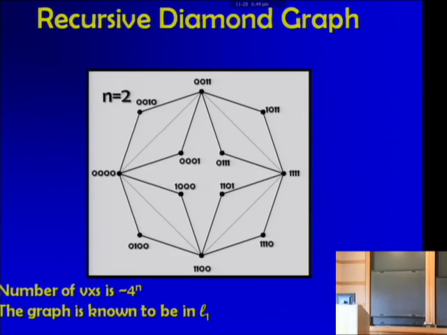This is the point 0, 0, 1, 0. The distance here is 1. Here distance is 1. And distance from here to here, distance is 2. Distance from here to here also distance is 2, right? Because they're different in 2 locations. So the L1 distance corresponds to distances in this graph. This is an embedding of this graph into L1.